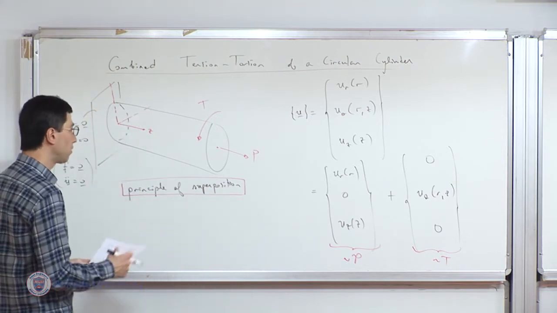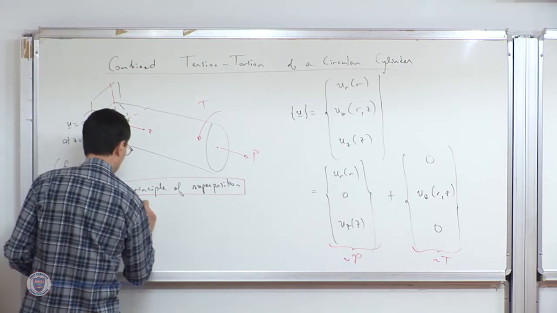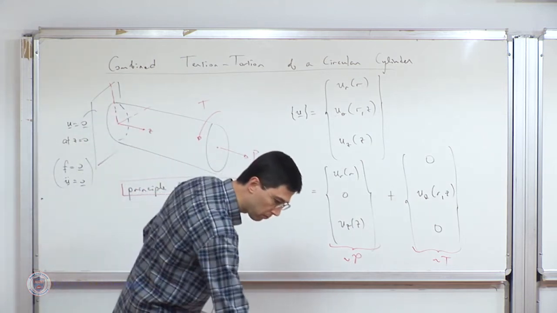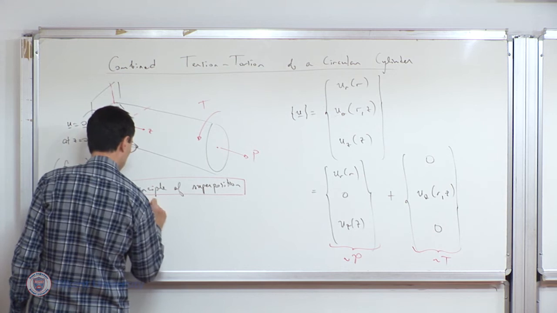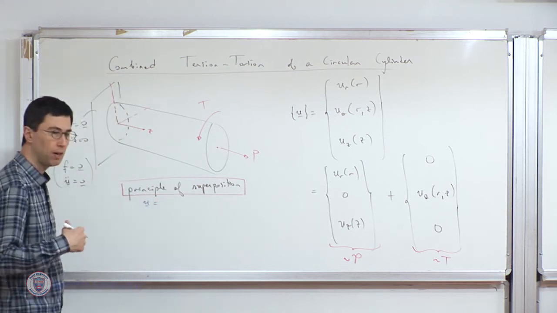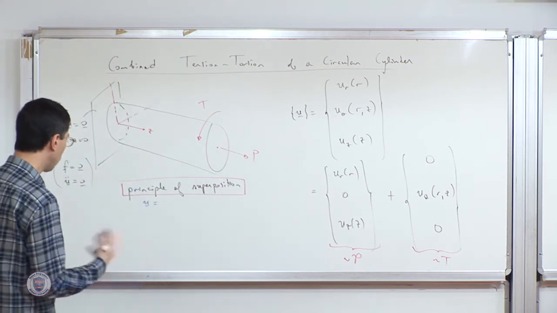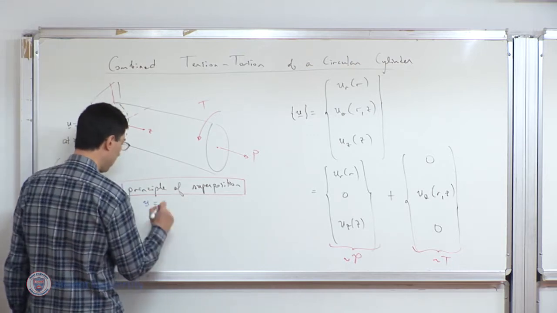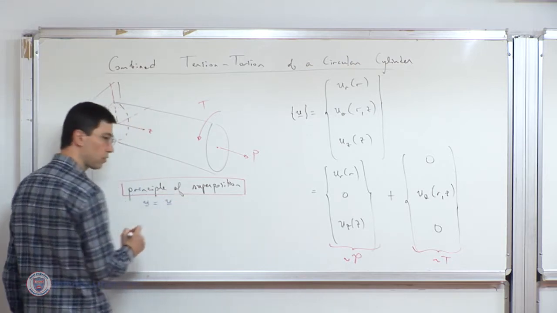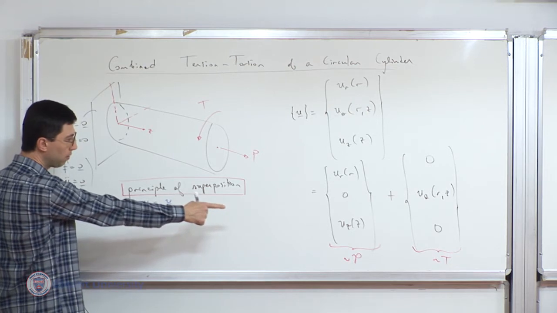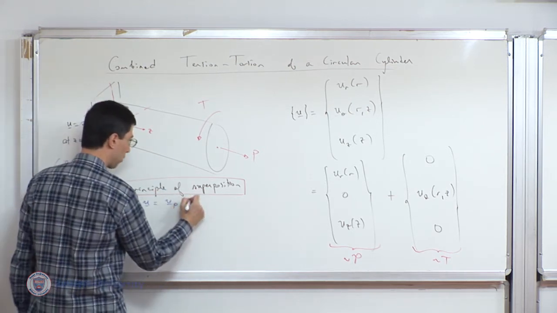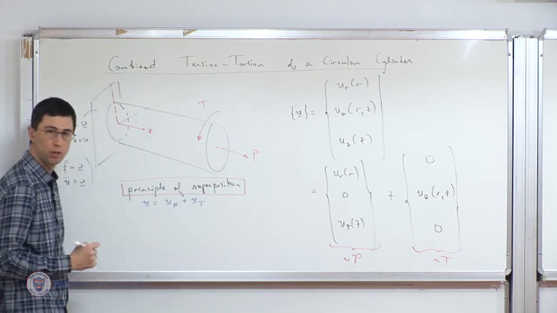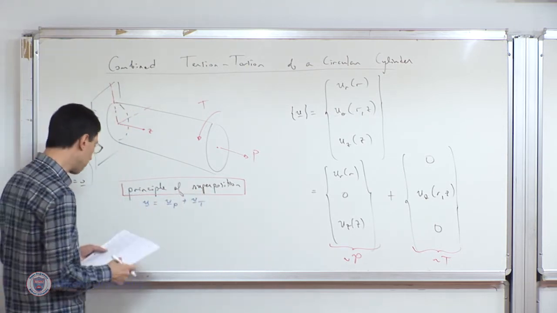Okay. And let me write that with a different color just to highlight. So essentially the principle of superposition, the way it would apply and what it would eventually imply, is that the solution is a sum of two parts. One that has to do with the pure tension problem, and the other one that has to do with the pure torsion problem, right?